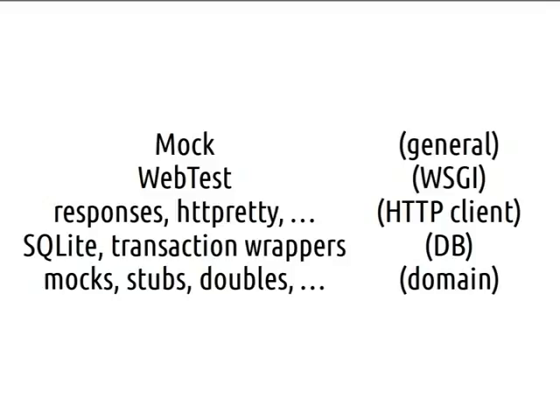And so WebTest provides all sorts of scaffolding to take your WSGI app and wrap it in this thing that looks like a server, right? And provide these convenient ways for you to call in and see what response your endpoints are spitting out. For the other side of that, there's responses or HTTPretty if you're doing web client type stuff. And again, I'm just picking examples out here.